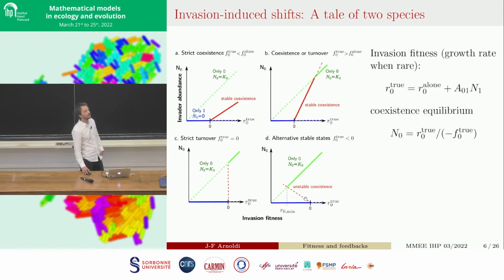What you can show with a little stability analysis is that the coexistence is unstable. This means you have mutual exclusion, because as long as the invasion fitness is negative, it cannot invade, but as soon as it can invade, it jumps to the abundance it would have had if it had been alone, pushing the resident to extinction.